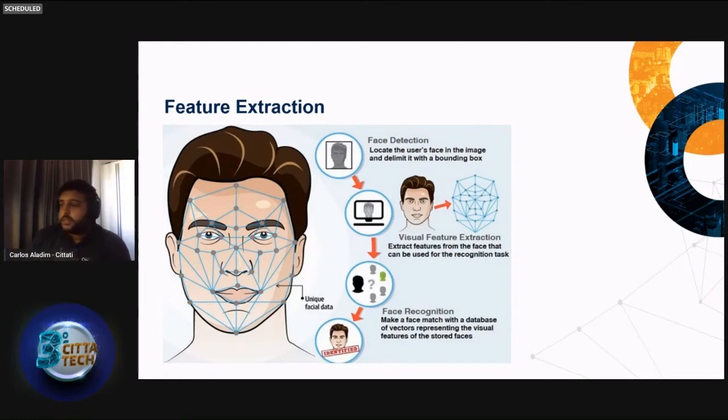So the distance between the eyes, or the distance between the brows, or the relation between the distance of the nose to the mouth and the mouth to the chin. All of these are things that can be extracted, and the algorithm will process it and will recognize your face.